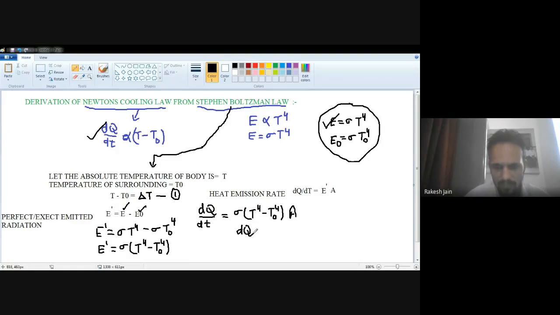Now see very carefully. The heat emission rate dq upon dt is equal to sigma and A together, and then in the bracket, T raised to the power 4 minus T0 raised to the power 4.